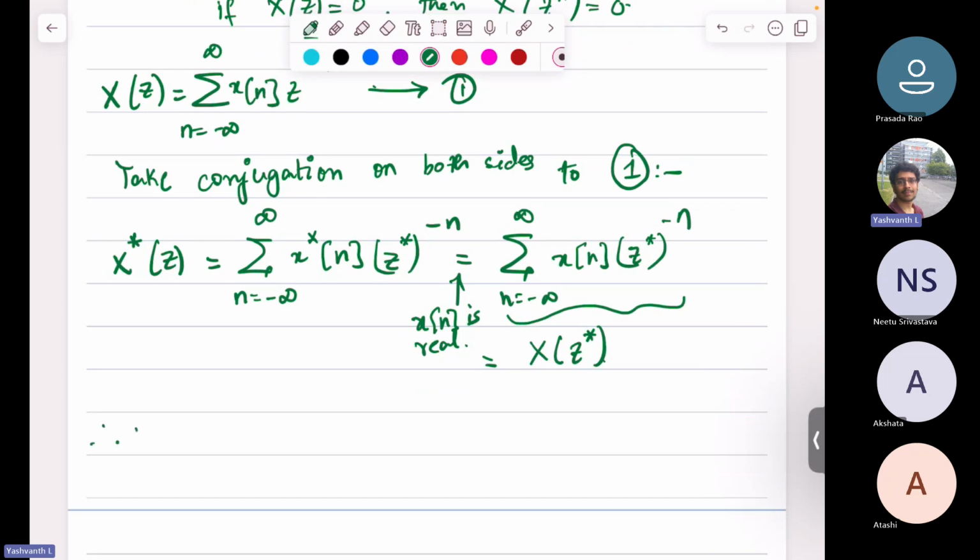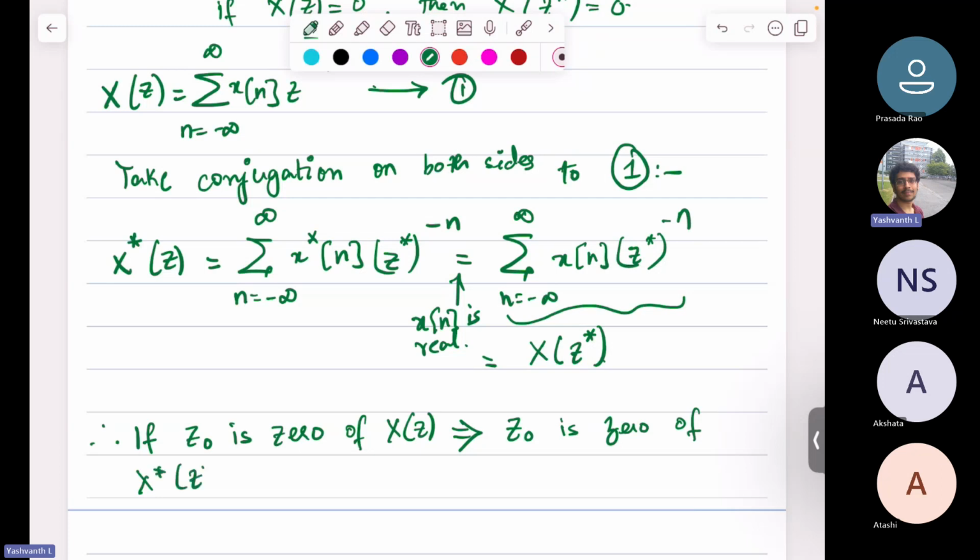What does it mean? Therefore, if z naught is a 0 of x of z, it implies z naught is a 0 of x conjugate of z, because conjugation of 0 will not become anything other than 0. So z naught is also a 0 of x conjugate of z, but we proved that x conjugate of z is the same as x of z conjugate.